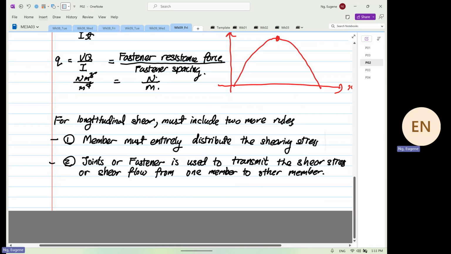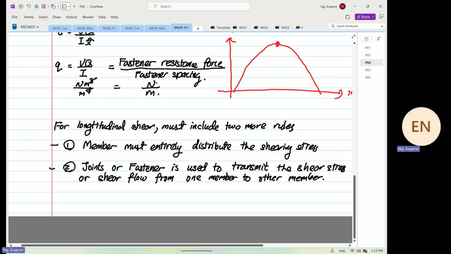Now, what does this actually mean? Rule number one, the member must entirely distribute. Number two, the joint or fasteners is used to transmit the shear flow or the shear stress from one member to another member. What does it physically mean?